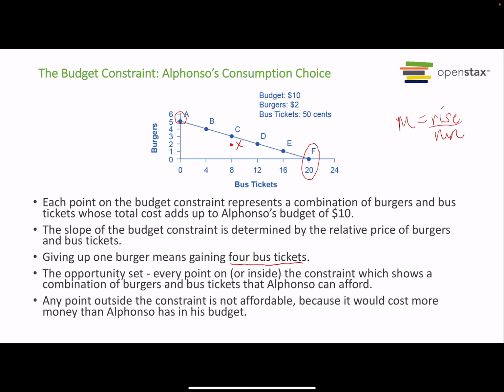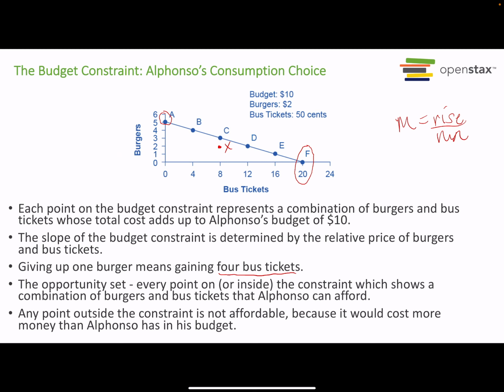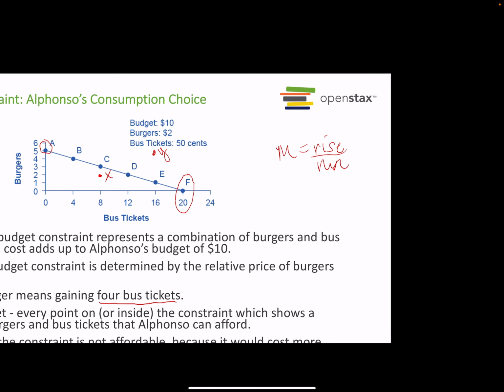Any point that is outside of the constraint is not possible to consume because he can't afford it, right? That's why it's called the budget constraint. Let's say we were at 16 tickets and 4 burgers. Right here, point Y, that would not be possible for Alfonso. It's more money than he has in his weekly budget.